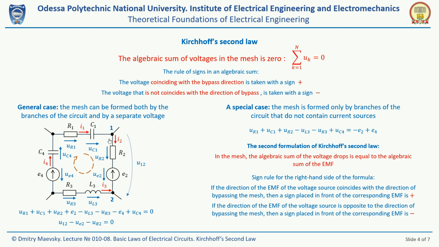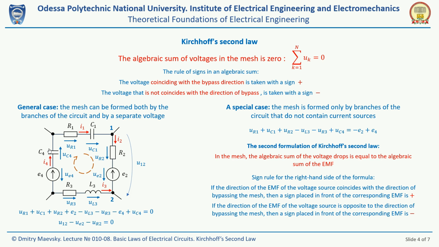If we know the current directions, we also know the voltages on the passive elements of this scheme. Do you remember that the directions of current and voltage in each passive element are the same?